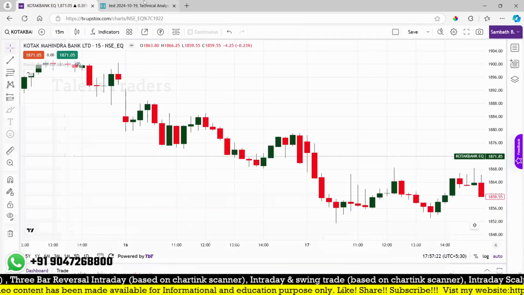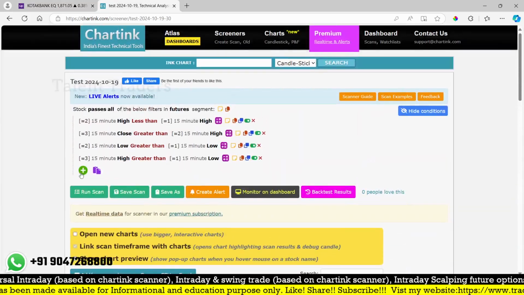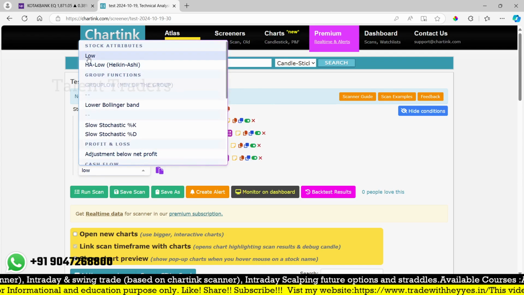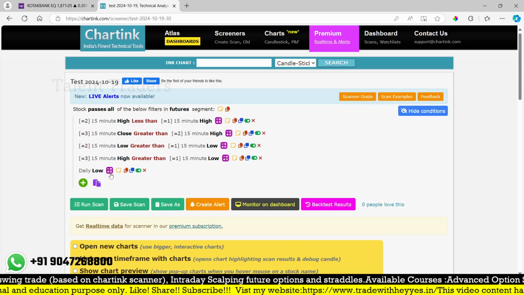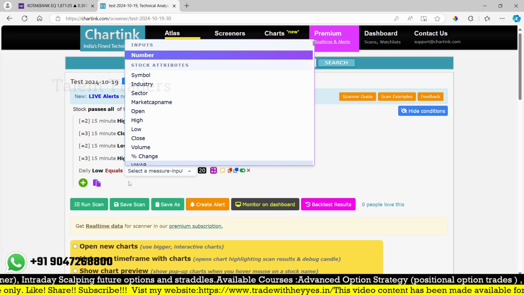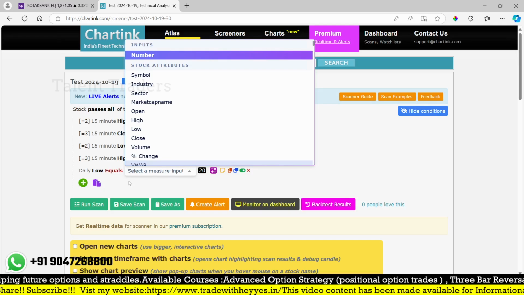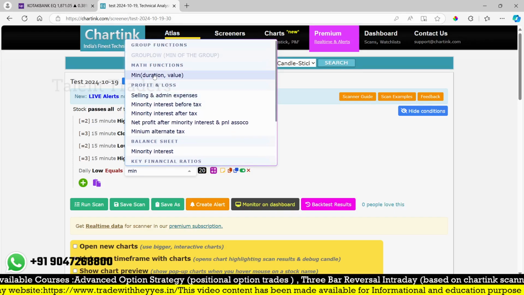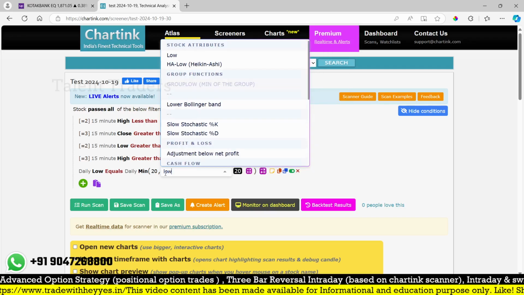So to avoid that, one more condition you can add here: the low must be equal to, this is one more condition. If you want, you can turn it on or off, and it will give you that opportunity. That is the minimum filter for the low.